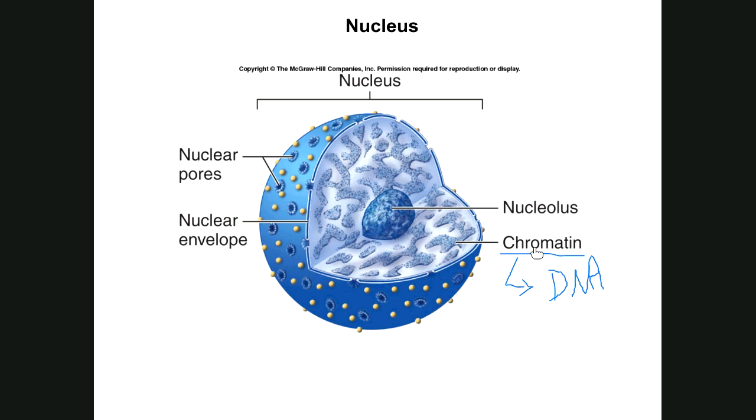Well, in cells that are not dividing, the DNA is loosely packed, taking up the entire nucleus. We call it chromatin. Okay. Now this chromatin, what they found is made up of DNA, is that it's actually heavily packed inside of the nucleus. So when researchers would stain a cell with just a general chemical stain, what they found is that the nucleus of the cell would always stain much darker than anything else.